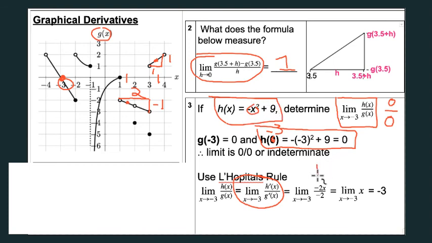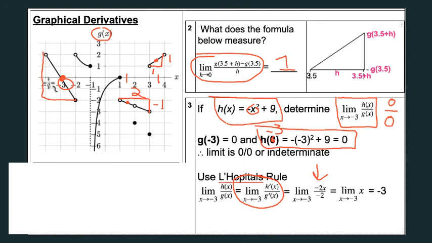So it's negative 2x. Then I've got to get the slope when x equals negative 3. Well, up here when x equals negative 3, I can see that it's differentiable because it's a smooth curve again, and there's no point discontinuity or anything. It's continuous. So now it's linear, so I just have to do rise over run.